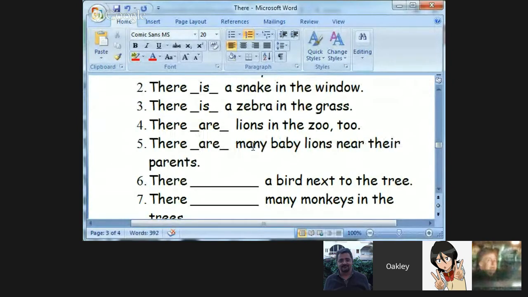Okay. And all right. Since we got there, there, and there, over here, the possessive. These are pronounced exactly the same.